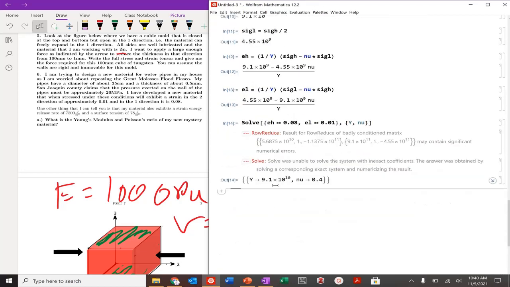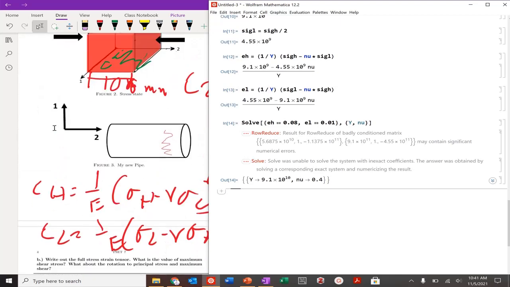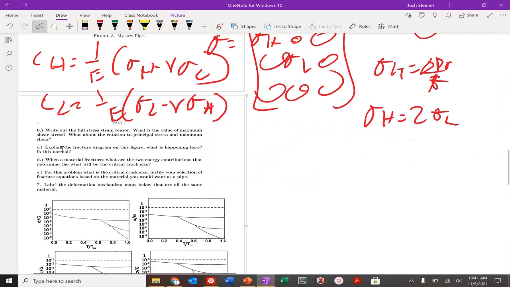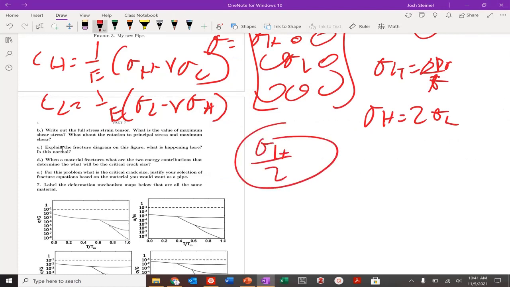Let's do that, and we've got our values. Excellent. We found the Young's modulus, Poisson ratio, and full stress-strain tensor. What's the maximum value of shear stress? That is just going to be, again, as always, sigma H over 2 for my tau max for this problem. Rotation: principal stress, 0; maximum shear, 45.